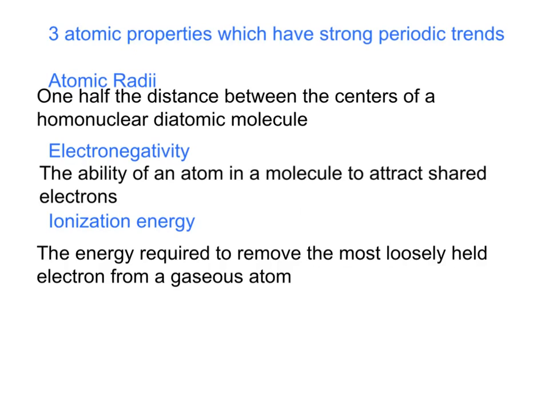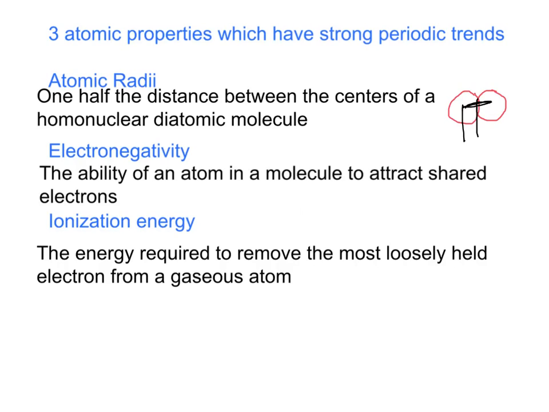So what that means in normal terms is, if we have a diatomic molecule, 2 atoms of the same thing that are bonded, and we measure the distance between their centers, 1/2 that distance, which would be this much, is the atomic radius.